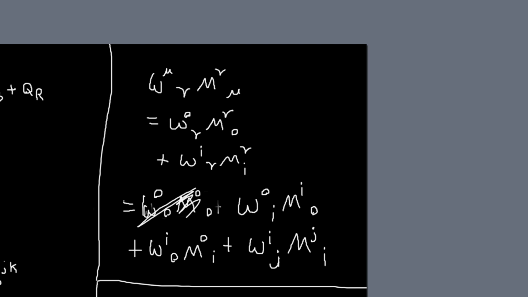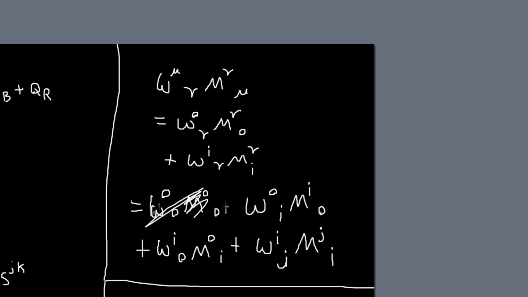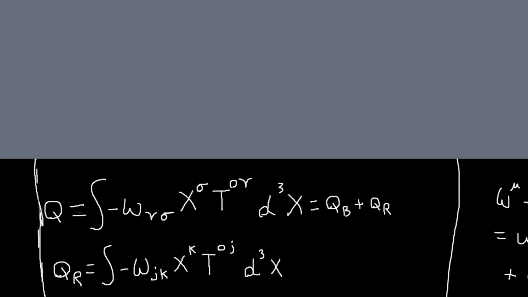So if we're only worrying about rotations, we can just write our omega mu nu as omega ij, and just worry about the spatial parts basically. So knowing that, I will write our QR as this, and I'm using J and K as Latin summing indices, meaning I'm just summing over the spatial parts.